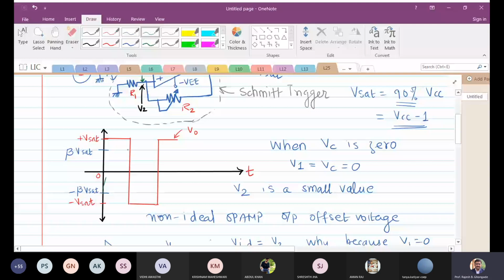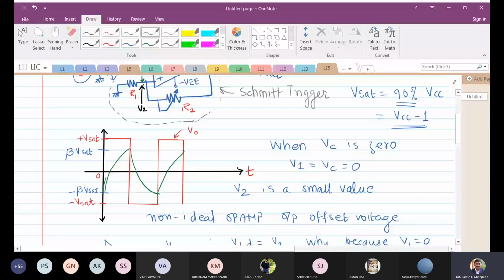Discharges like this. And again starts charging like this.